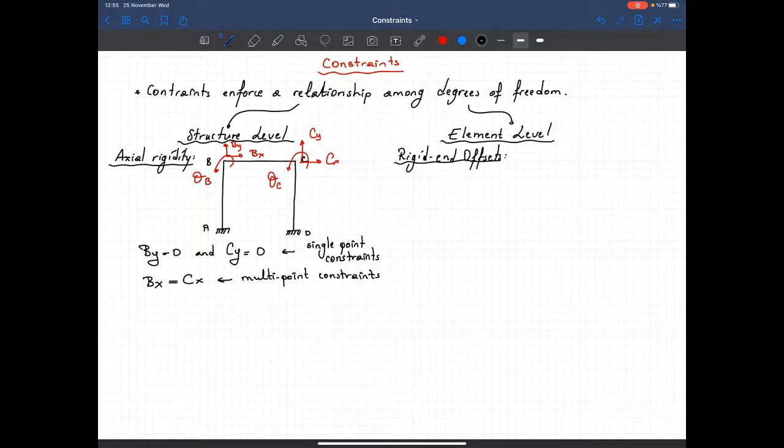Let's say that I have a member here, okay, but I want some portion of these member ends to behave rigid. Okay, these parts are the rigid part of the member, and this part is the flexible part of the member.